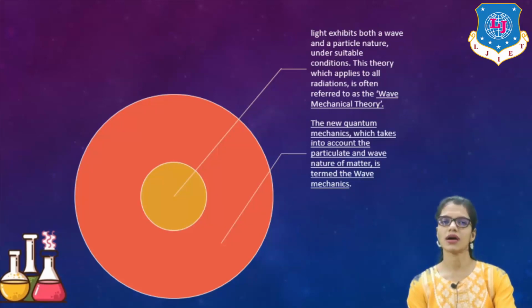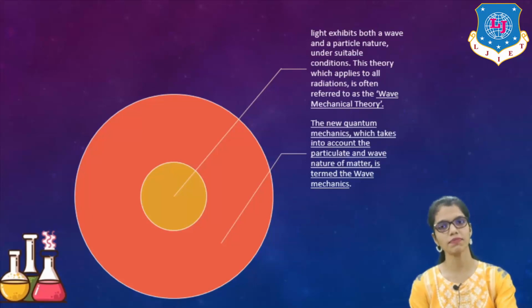All these are names of the same theory. This is very important to understand modern chemistry. To study applied chemistry, we need to study wave mechanics, as it gives us the idea about where the actual electron is.